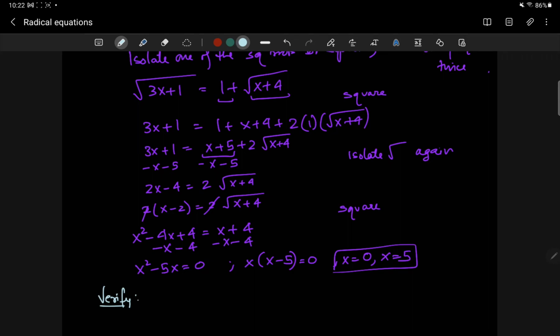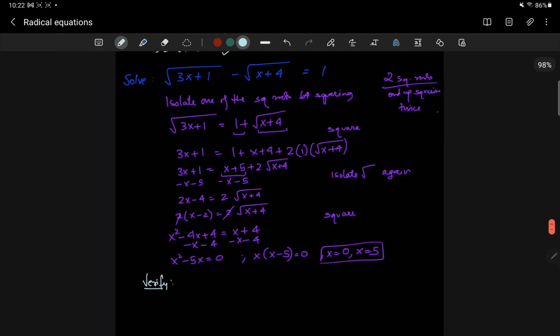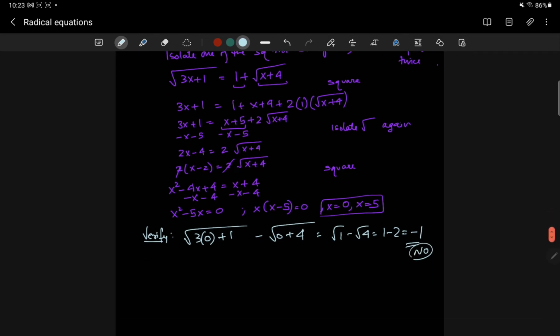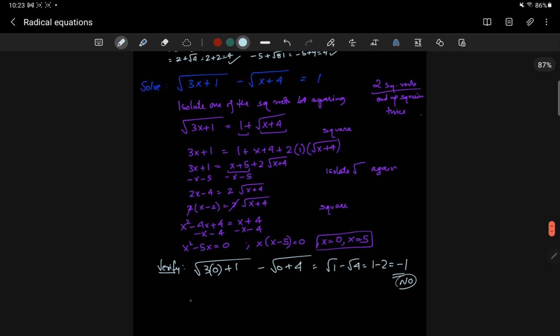Now let's verify it. Square root of 3 times 0 plus 1 minus square root of 0 plus 4 is square root 1 minus square root 4, is 1 minus 2, which is negative 1. So no. x equals 0 is not a solution. What about 5? Square root of 3 times 5 plus 1 minus square root of 5 plus 4 is square root 16 minus square root 9, is 4 minus 3, which is 1.